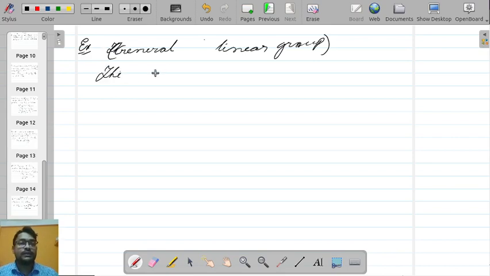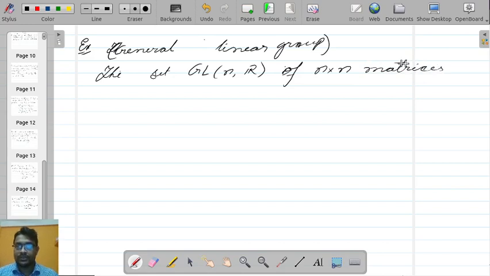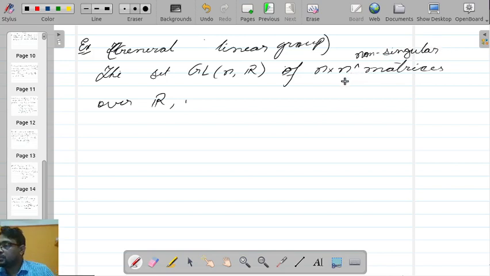The set GL_n(R) is the set of n by n matrices over R which are non-singular, which means the determinant is non-zero.